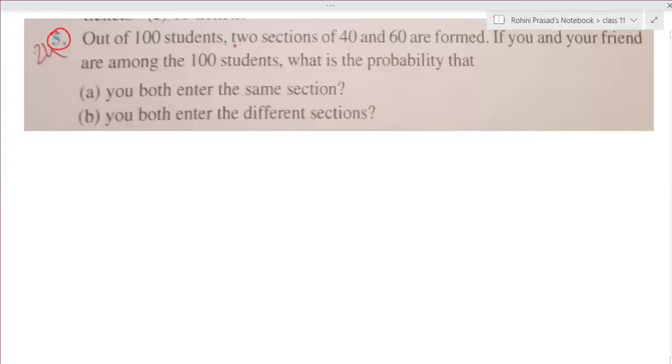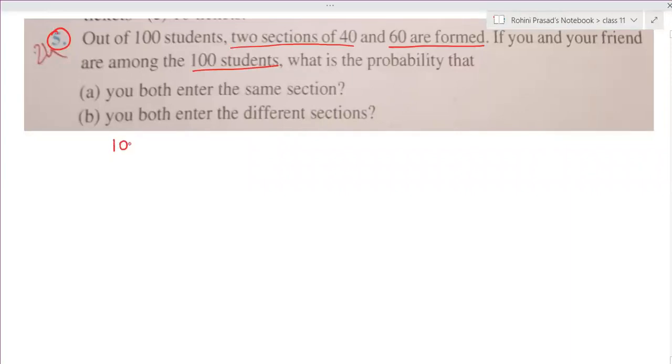Fifth one: out of 100 students, 2 sections of 40 and 60 are formed. If you and your friend are among the 100 students, what is the probability that you both enter the same section? When you're selecting the 40 and 60 sections from 100, if you select one of the sections, automatically the remaining will be the other section.